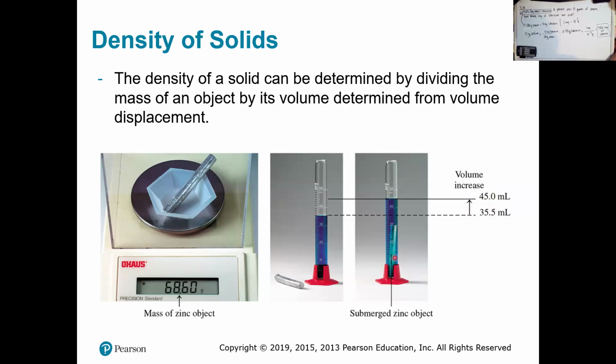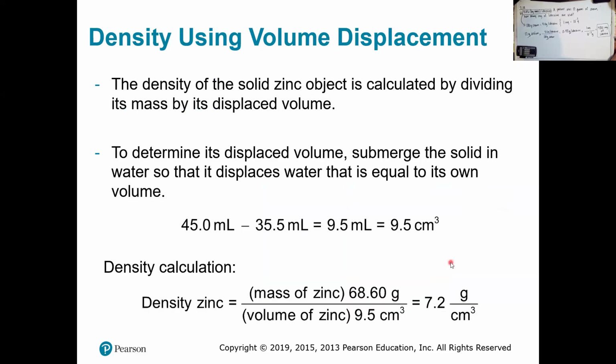Once you do that, you can figure out the density, because density is just the mass of the object, which you can get from your balance, divided by the volume of the object, which you get from this subtraction. Then that will tell you the density. Here they took the 45 milliliters, which was the volume of the water in the graduated cylinder plus the zinc metal, and subtracted the volume of the water by itself, giving us a volume of 9.5 milliliters for the solid cylinder piece.